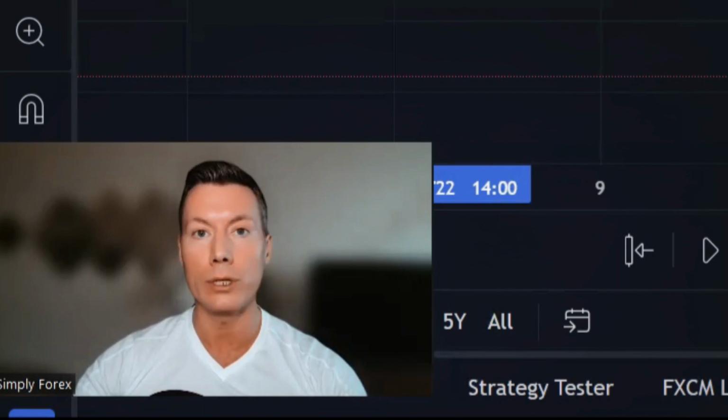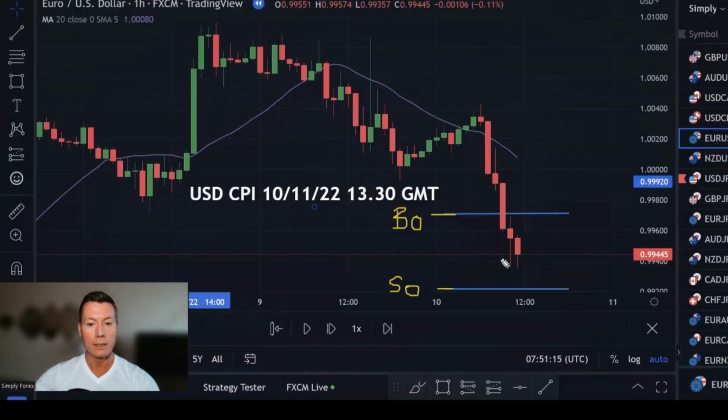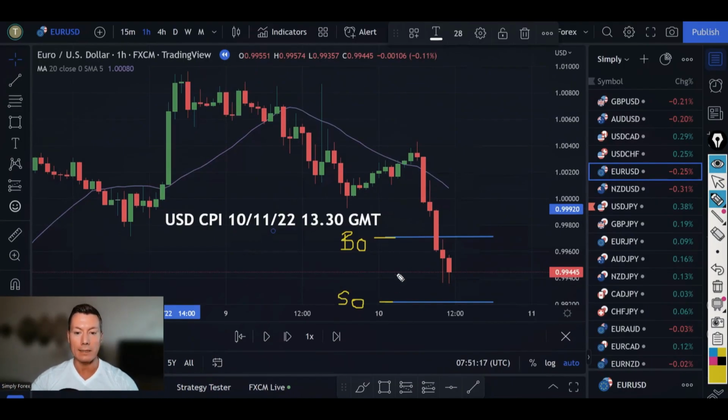Don't trust anyone who tells you they know. They're just reacting to the data. If price goes shooting to the upside like this, we're in a buy order. If price comes shooting to the downside, we're in a sell order. Okay, so it's as simple as that, guys. Top blue line, buy order, second blue line, sell order.